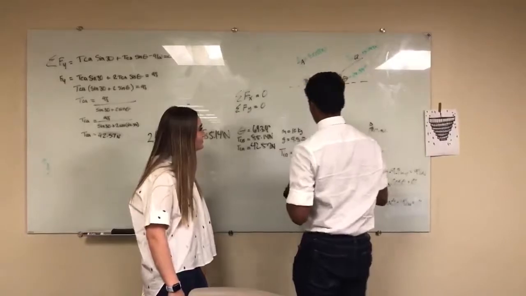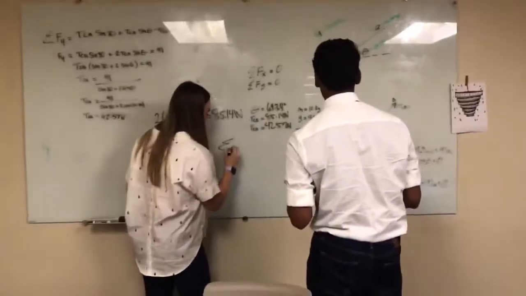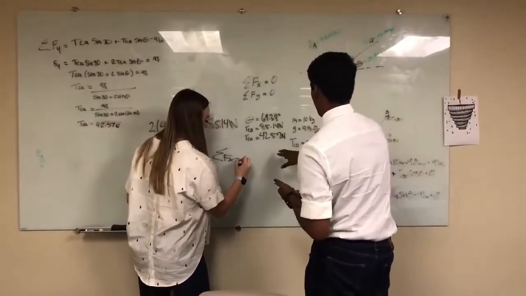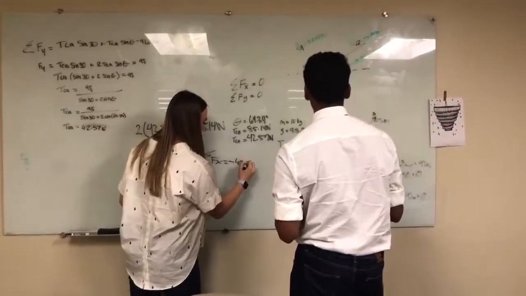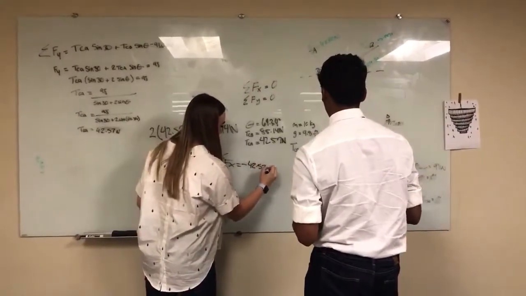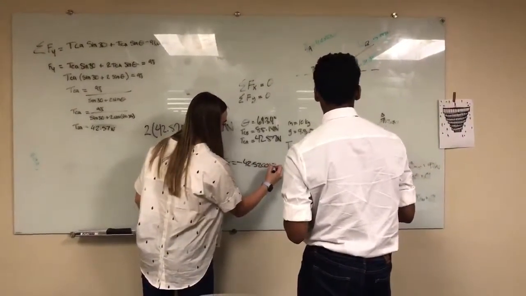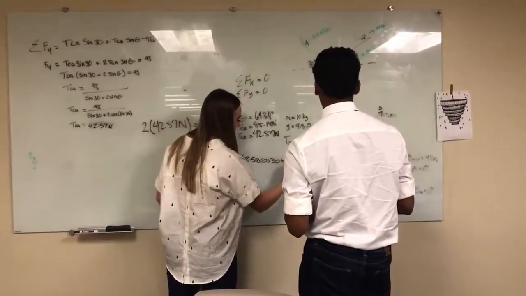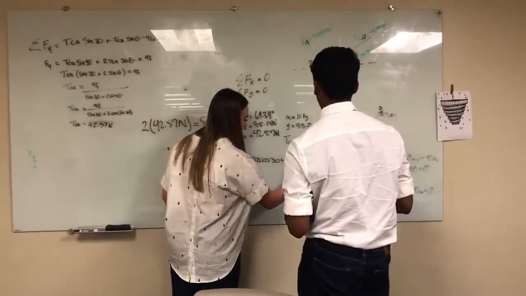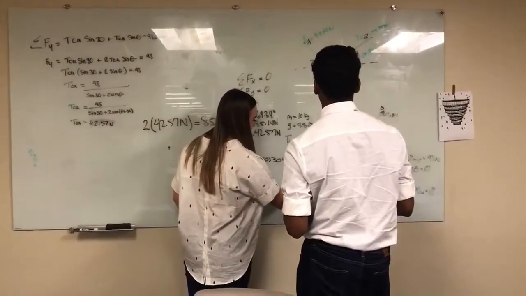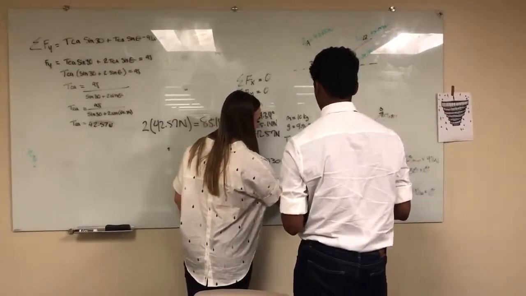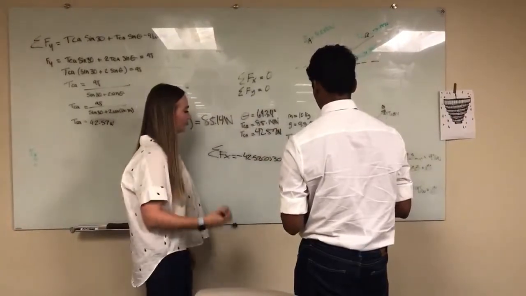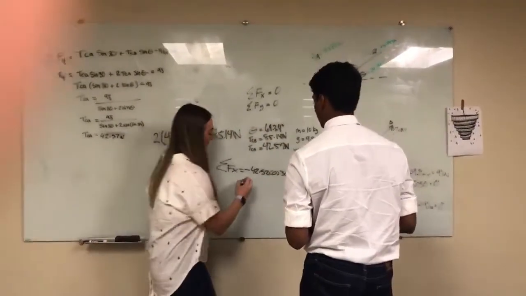All right. Summation of forces in the x direction equals negative 42.52 cosine 30 plus TCB, which is 85.14 cosine 64.34. Okay. So if you plug that into our calculator, 0.